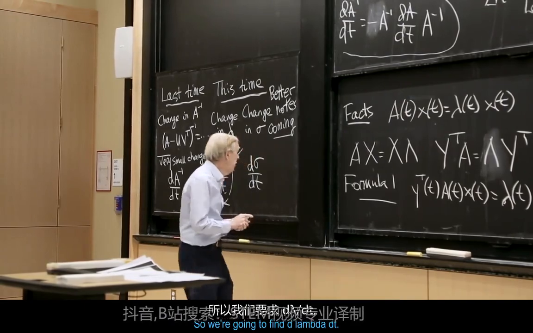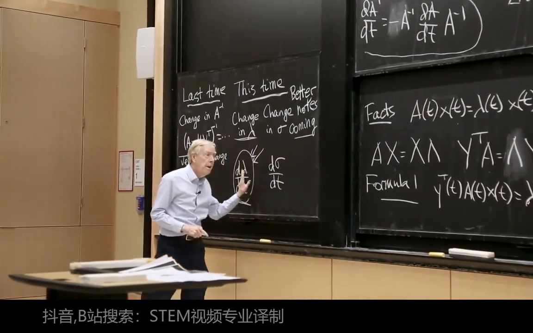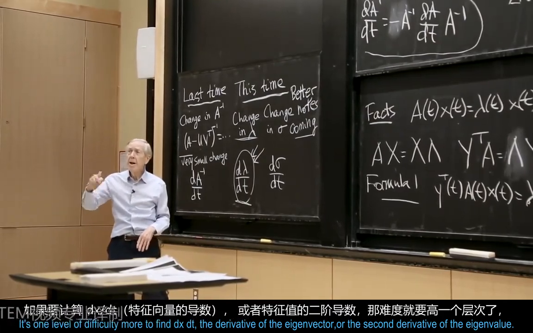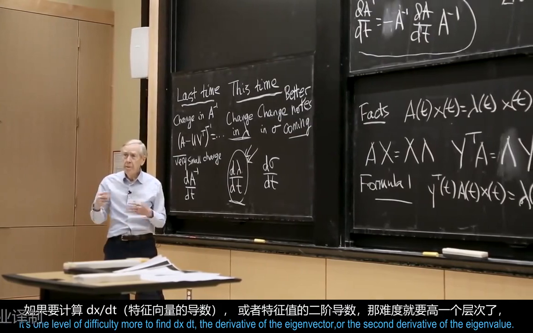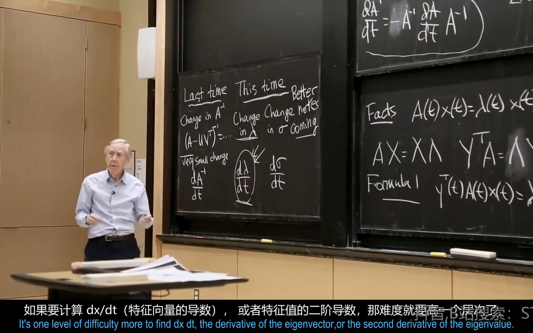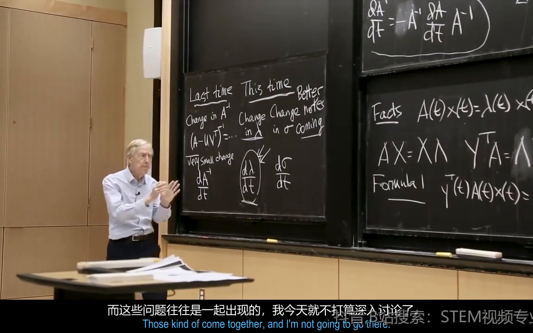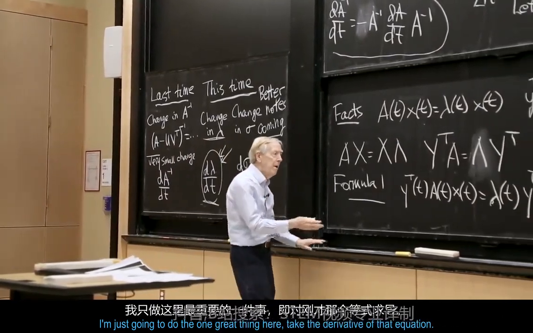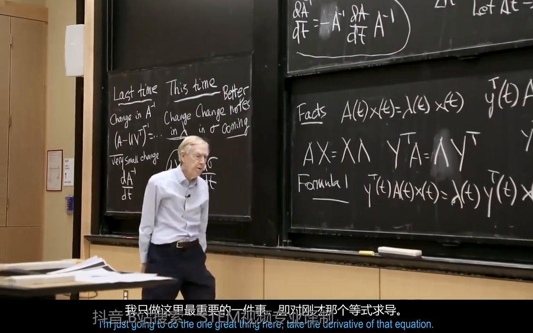So we're going to find d lambda dt. It's one level of difficulty more to find dx dt, the derivative of the eigenvector, or the second derivative of the eigenvalue. Those kind of come together, and I'm not going to go there. I'm just going to do the one great thing here, take the derivative of that equation.